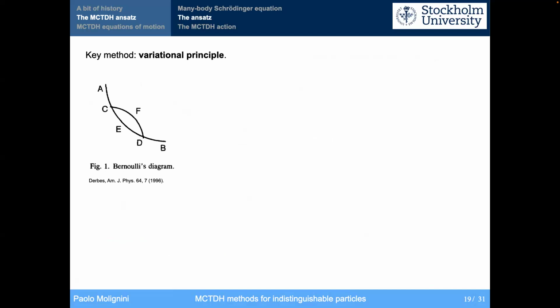So the key method that we use to obtain the equations of motion and also to apply our ansatz, which I'll describe in a second, is the variational principle, and in particular, the time-dependent variational principle. So the idea here is you start with a Hamiltonian, which is time-dependent. You construct the Lagrangian from it. And then from the Lagrangian, you construct the action by building the integral over time.